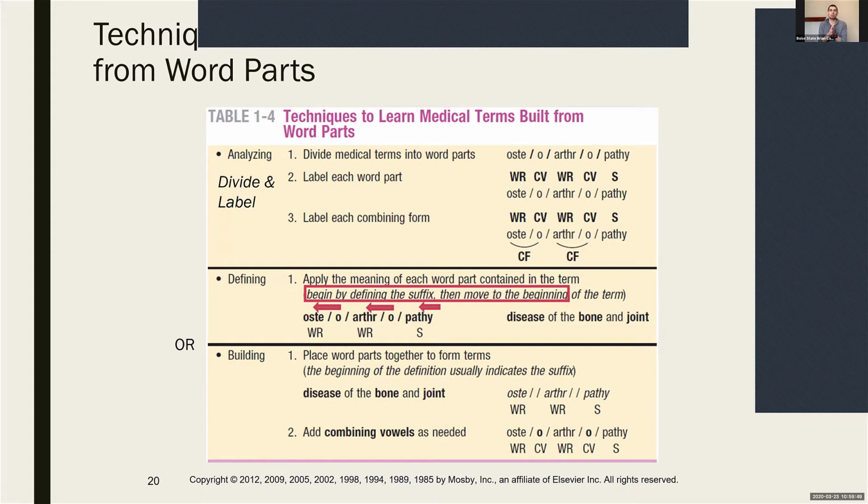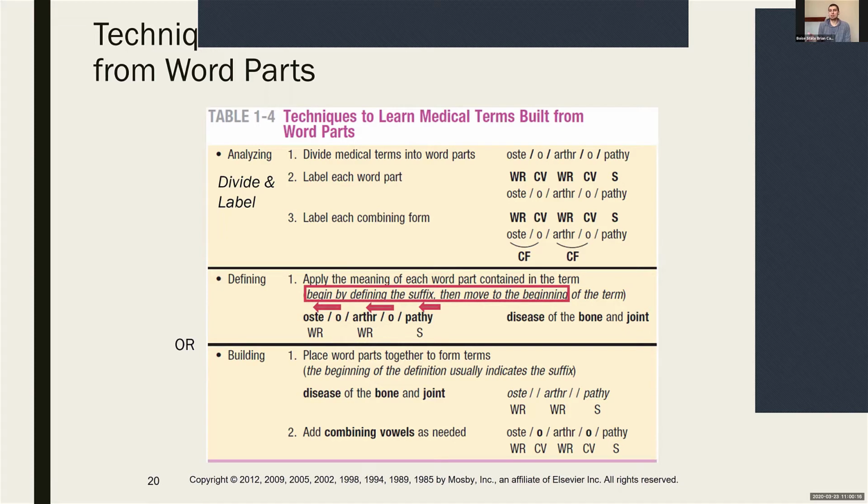So far, we've talked about word roots, prefixes and suffixes, and the combining vowels as well. That's how we're going to break these words up. You can see here in Table 1.4, on page 14 of your text.